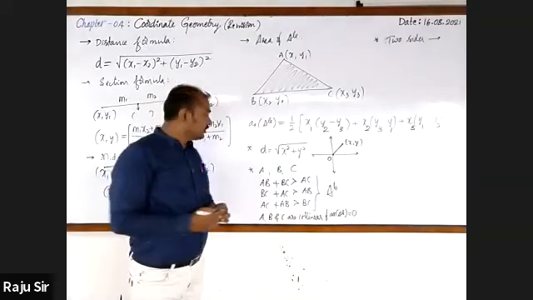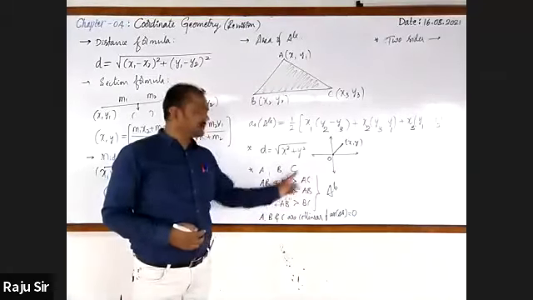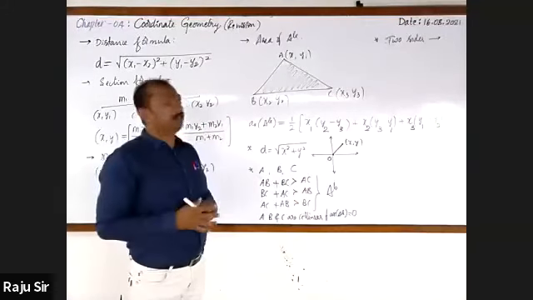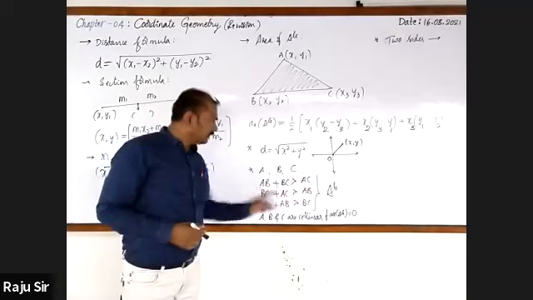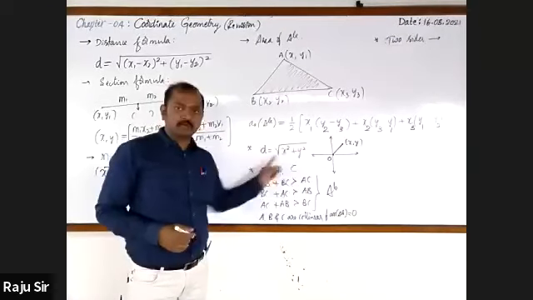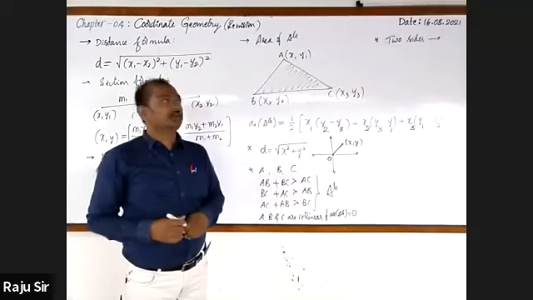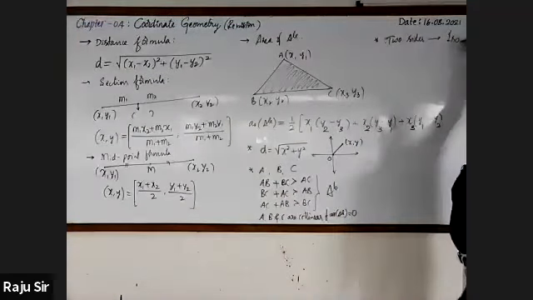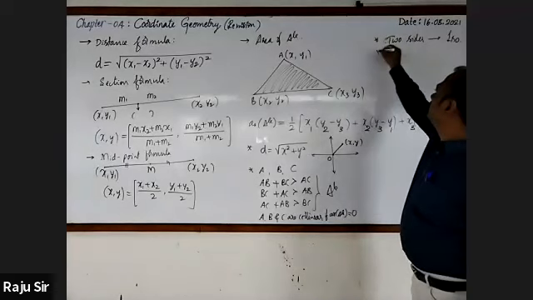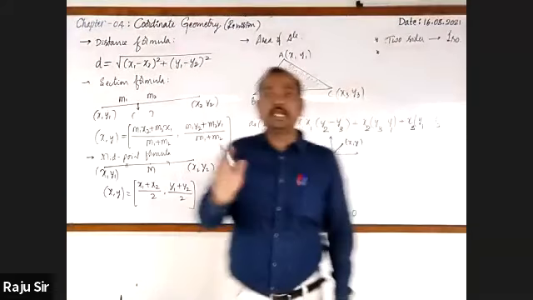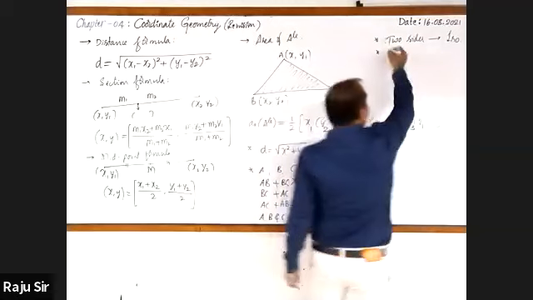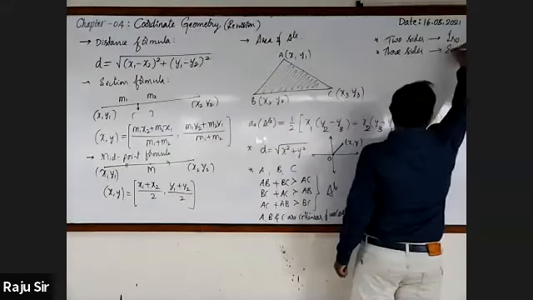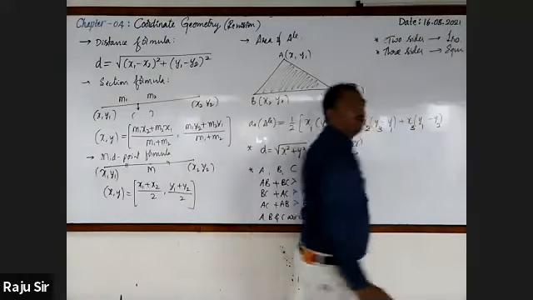Then using those three sides, AB, BC, and AC, you start checking the type of the triangle. If any two of these three sides are equal, then you can say that it is an isosceles triangle. If all three sides are equal, it is an equilateral triangle.